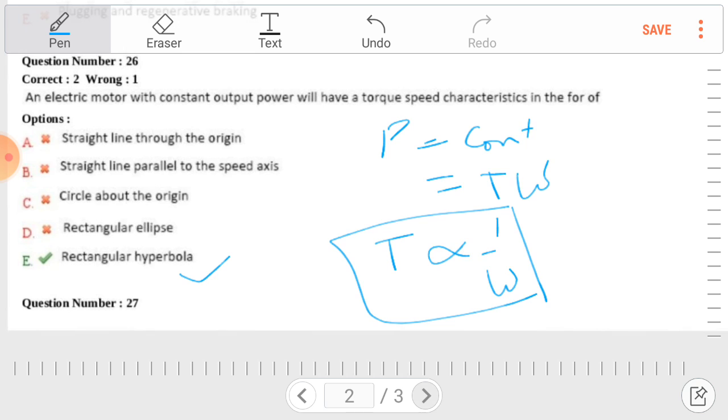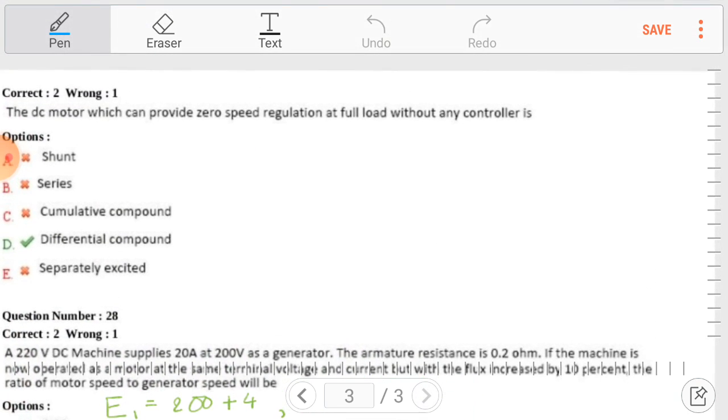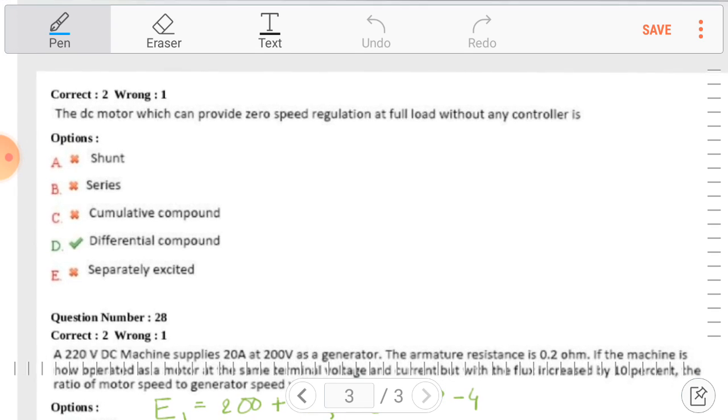In next question, the DC motor which can provide zero speed regulation at full load without any controller is differential compound motor. We know that for differential compound motor there is zero speed regulation we obtain.